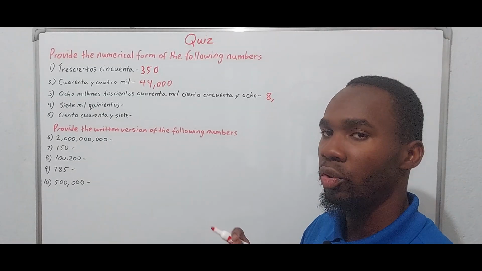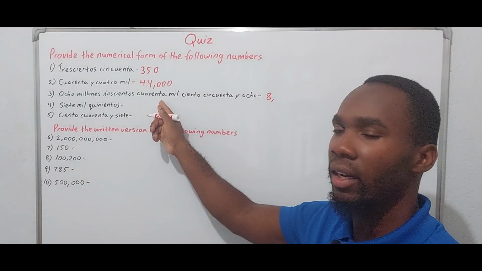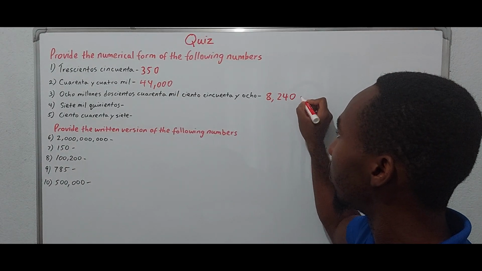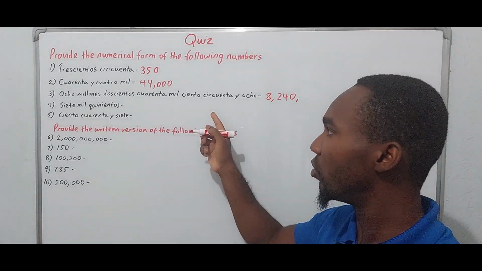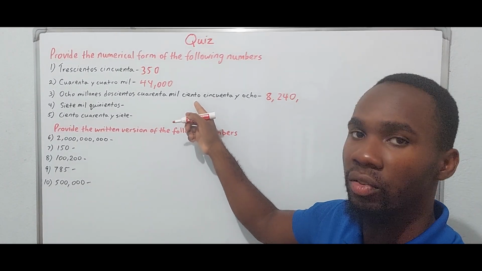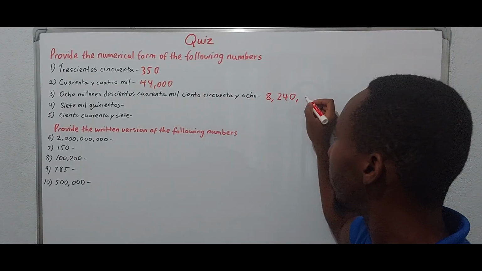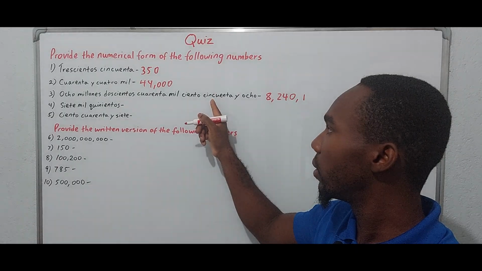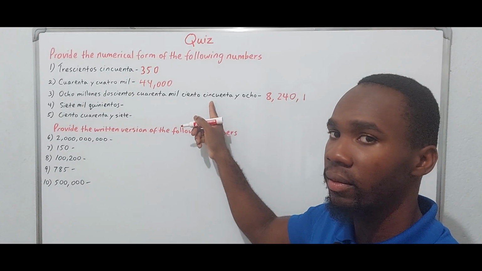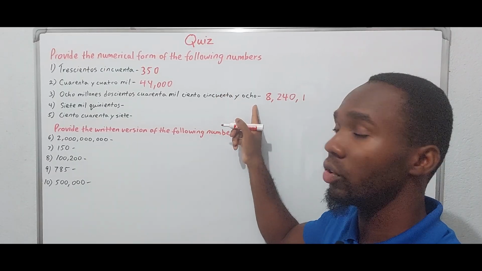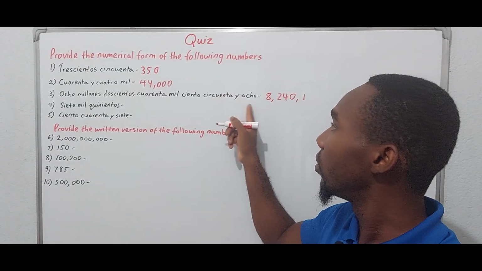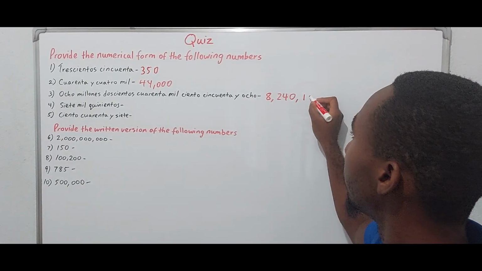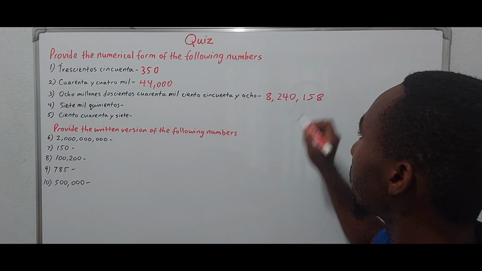Doscientos cuarenta mil, 240,000. Then we go to the hundreds. Ciento. So you know we're dealing with 100. Cincuenta y ocho. 50 is 50 and 8 is 8. So 158.